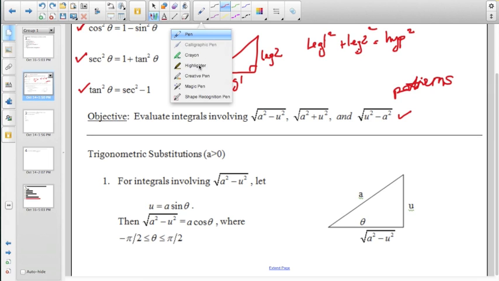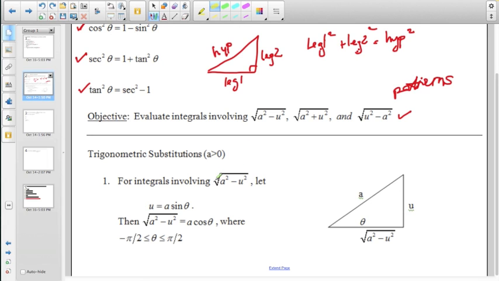That pattern is really giving us an expression for one of the legs. In this case, I'm not being too specific with things like a squared plus b squared equals c squared, because the a in these expressions doesn't necessarily mean a leg. It might be a hypotenuse in this situation. So I'm just being really general with this description.